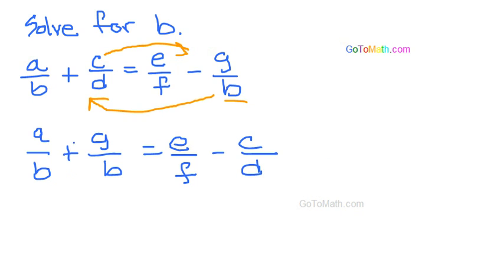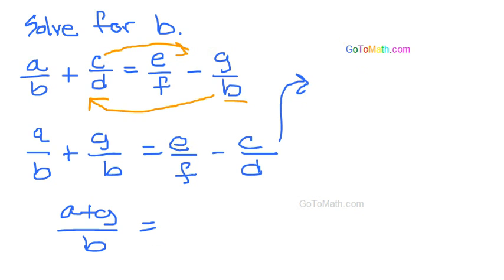Okay, so we can go ahead and add these two fractions together. Nothing special there, since we have a common denominator. However, we do need to join both these fractions together, but we're going to need to get a common denominator. Let's just do some side work right over here.